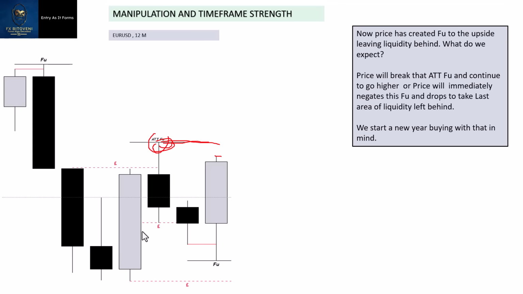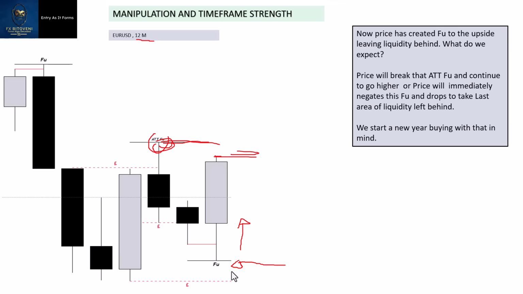Because no matter what, we are using time frame strength. We have said a movement we see on the same degree of time. This time our degree of time is the 12-month time frame. So if we see FU to the upside, which is buying dominance, we need to see another selling dominance manipulating that goes against this one.